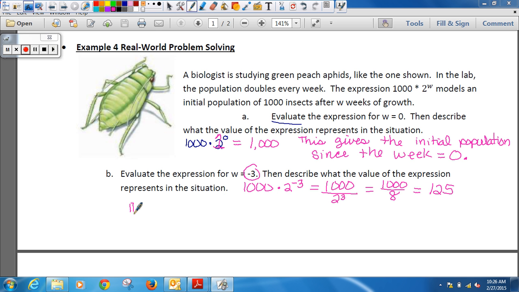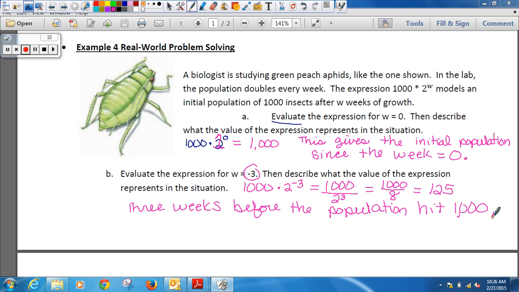So 3 weeks before the population hit 1,000, the population was 125.